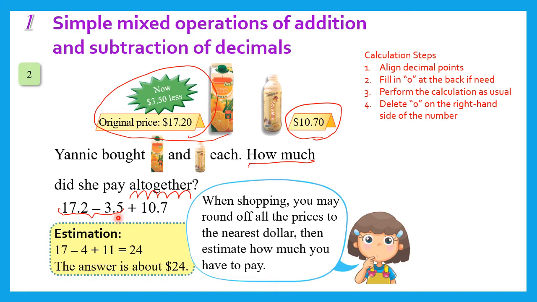After you round off, 5 or above, you have to round it up, and it will become 4. For this one, after the decimal point is 7, bigger than 5, so if you round off you have to add 1 back here, so it is 11. After that, you can estimate your answer should be about $24.